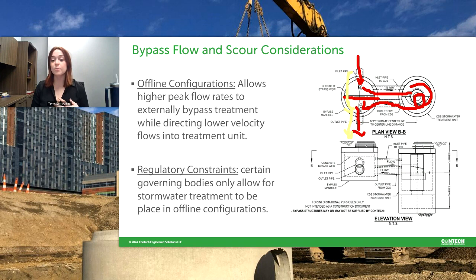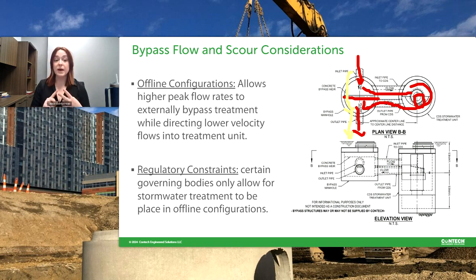So when working on a project site, you want to make sure that you are aware of what your regulations require. In Louisville, Kentucky, it is always required that all HDS units are put offline. So when I'm working there, I automatically know that I'm going to be dealing with an HDS unit.